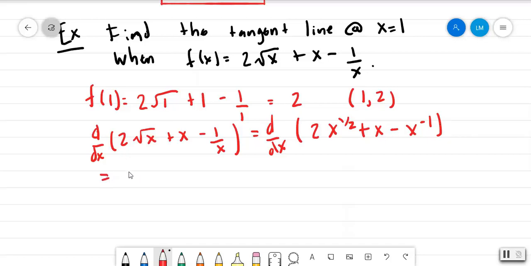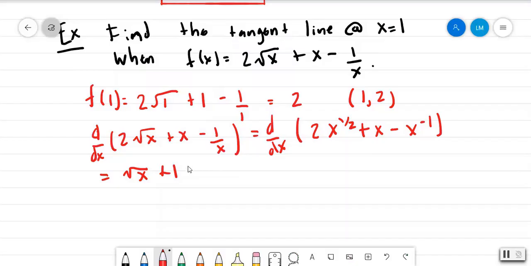Now what this does is it tells us that we end up with the square root of x, and then plus 1.